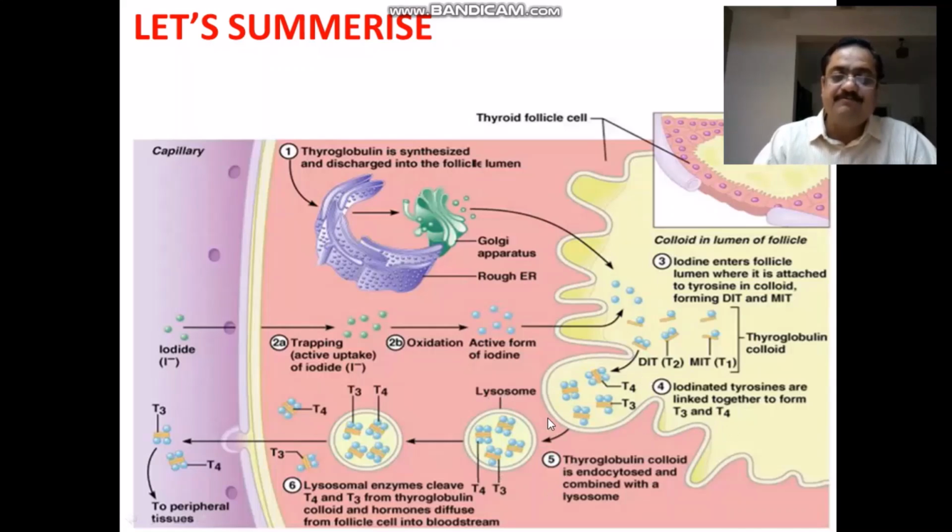And the step 5, where thyroglobulin colloid is endocytosed and combined with the lysosome, where the lysosomal enzymes cleave T4 and T3 from thyroglobulin, and they diffuse from the follicular cell into the bloodstream to the peripheral tissues. So this is all about the thyroid hormone synthesis in normal state. Thank you.